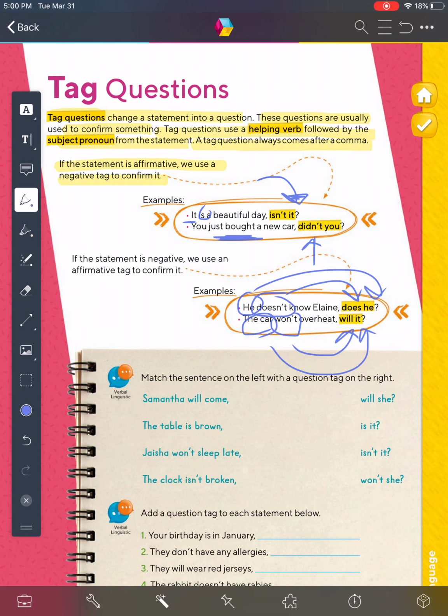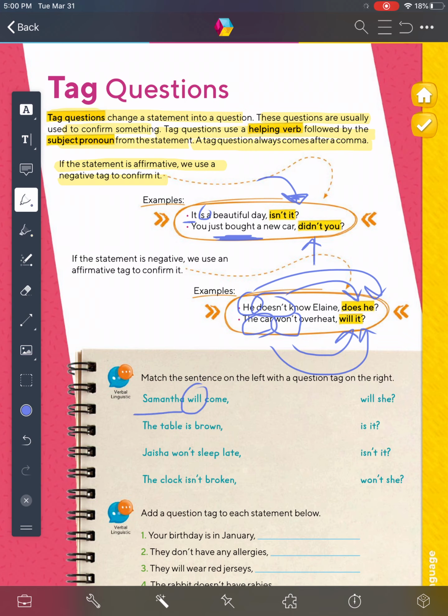Now let's read the next exercise. You have to match the sentence on the left with a question tag on the right. I'll help you just with the first one. It says, Samantha will come. We have to identify the verb, in this case will, and the subject, which is Samantha.